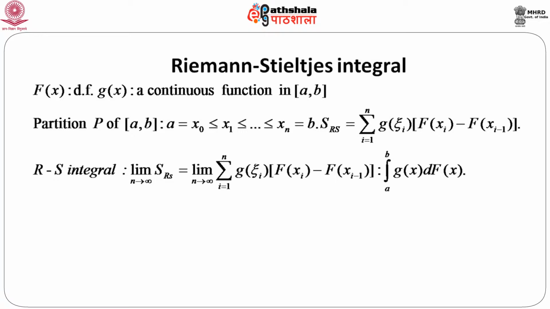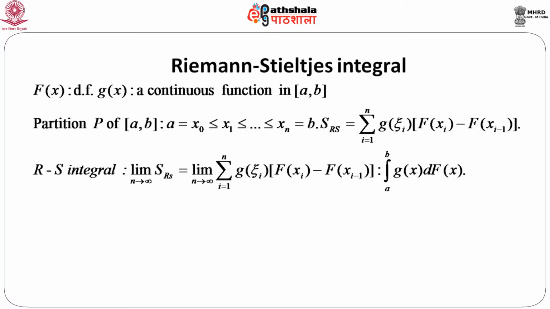That means, if we take the ith interval as x_{i-1} to x_i, then xi_i is a point lying in that interval. Now we consider the limit of this sum as n goes to infinity, that means the number of points in this partition goes to infinity, of this Riemann Stieltjes sum.